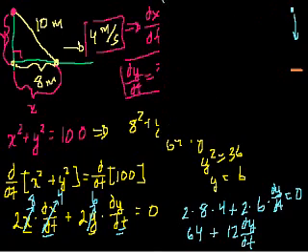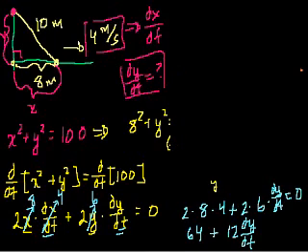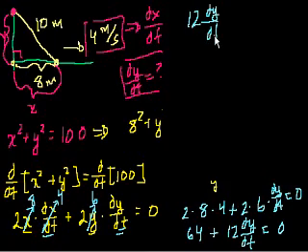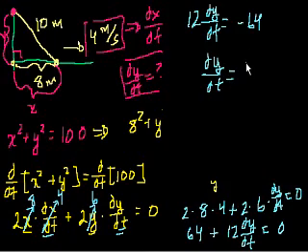Okay, so then we can simplify up here. Subtract 64 from both sides, and we get 12 dy/dt is equal to minus 64. Then the change in y with respect to time is equal to minus 64 over 12.